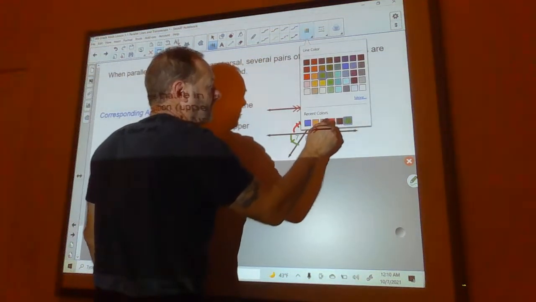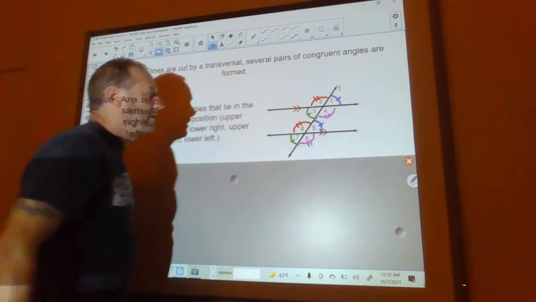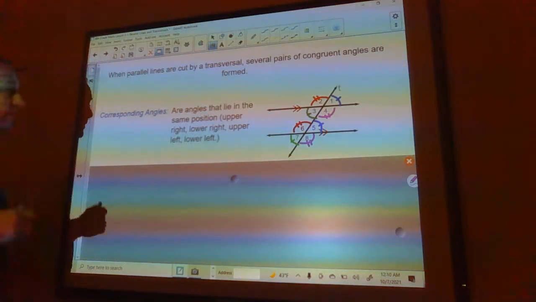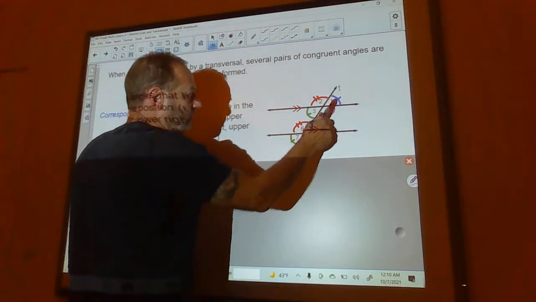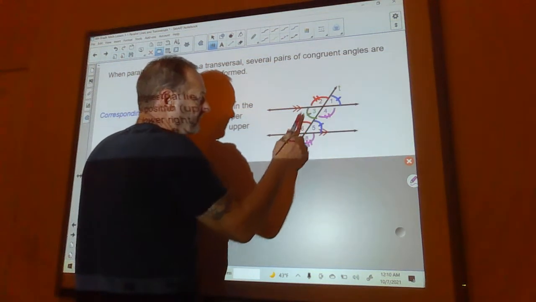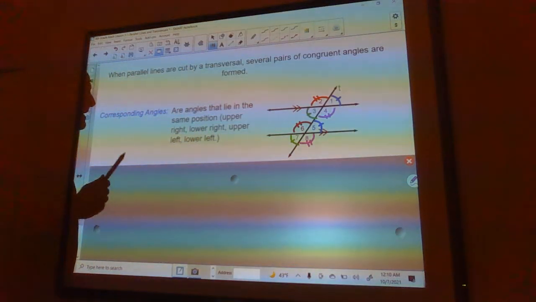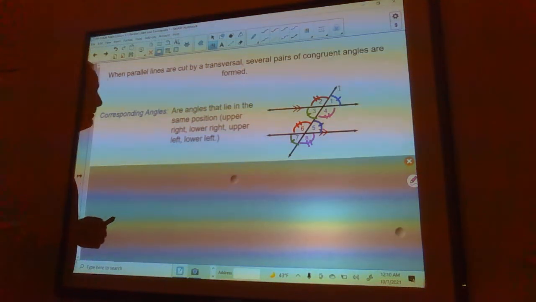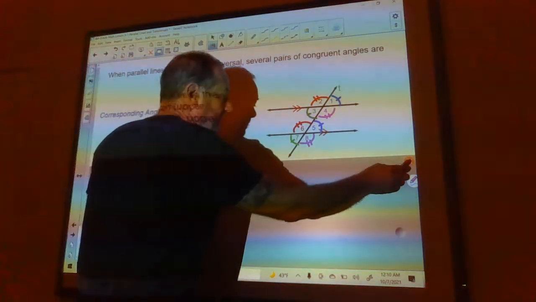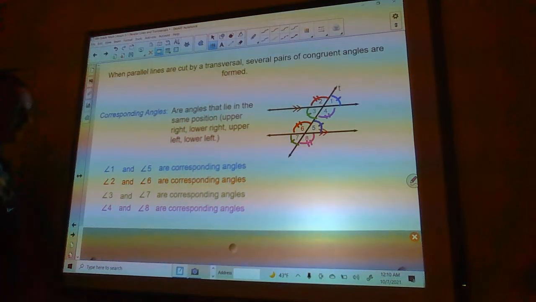And angle 8 and angle 4 are corresponding. They're equal. Okay, so notice here, we've got angles that have 1 mark on them. We've got angles that have 2 marks on them. So there's 8 angles, 4 of them are equal, and the other 4 are equal. Okay, so here's all of our corresponding angles.